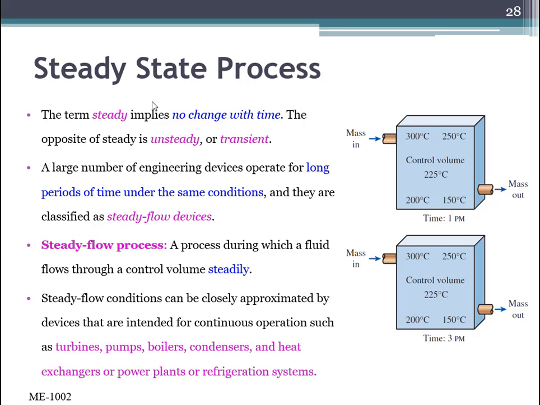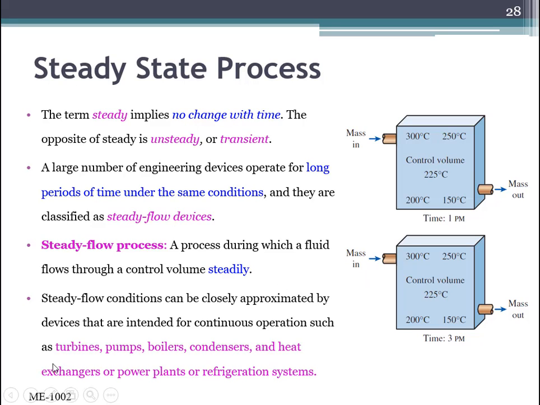And usually in mechanical engineering, the devices can be modeled as steady flow devices जिसके अंदर प्रॉपर्टीज जो है तब्दील नहीं हो रही. फॉर एग्जाम्पल हम यहाँ बात करते हैं इस एग्जाम्पल की, आपके पास एक कंटेनर है जिसमें मास इन मास आउट हो रहा है, and there is a temperature profile of the whole control volume. The temperature remains constant. At 1 p.m. the profile is here 300, 250, 225, 200, 150, and just after 2 hours the temperature is constant. So this is an example of a steady state process where nothing is changing.